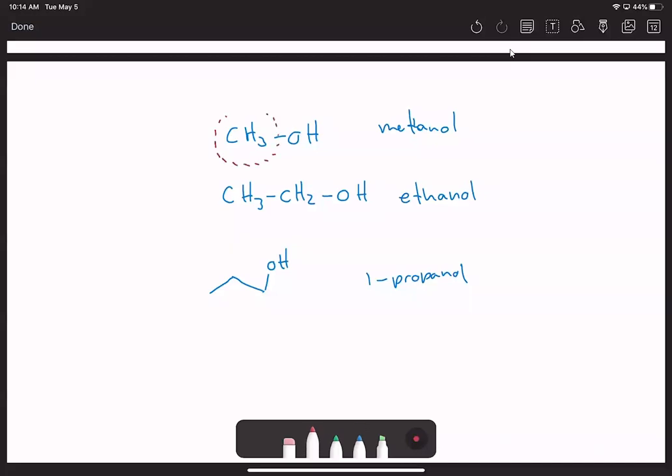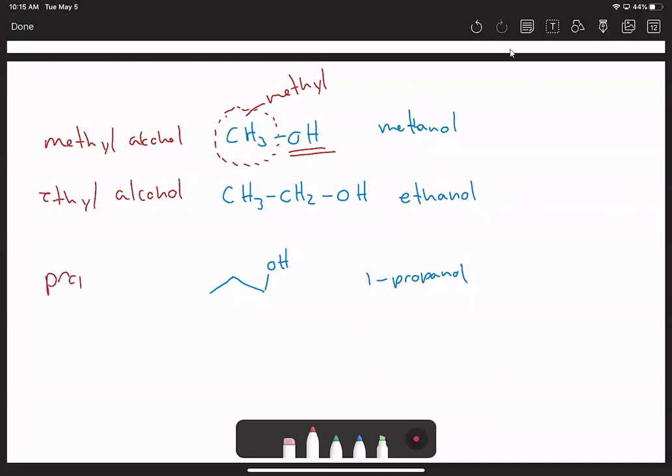I don't know if you may have noticed this, but this looks like methyl, and this functional group is alcohol. So we could call this methyl alcohol, ethyl alcohol, propyl alcohol.